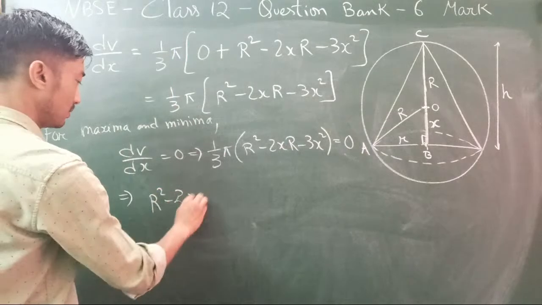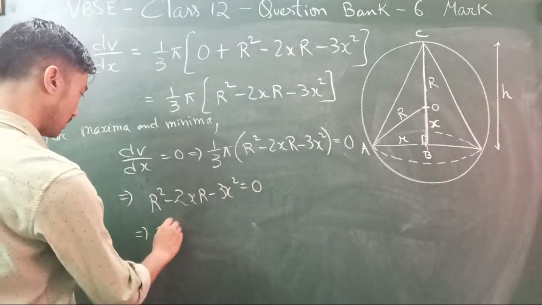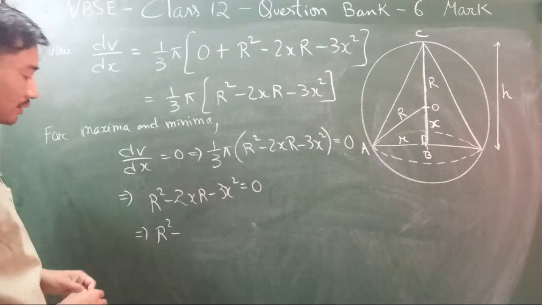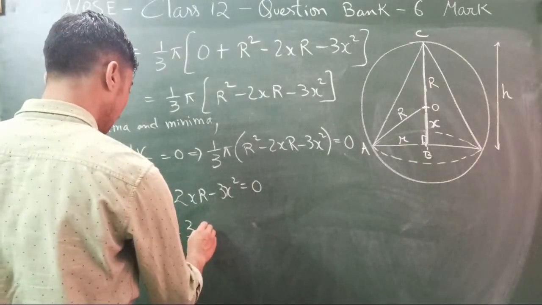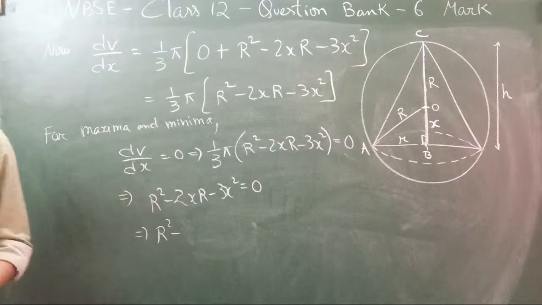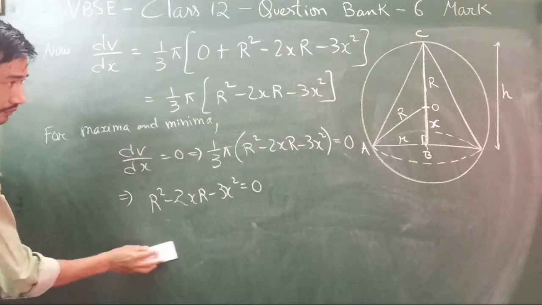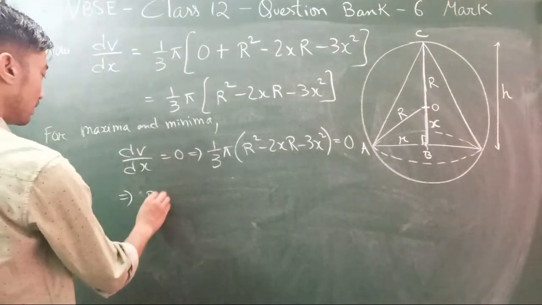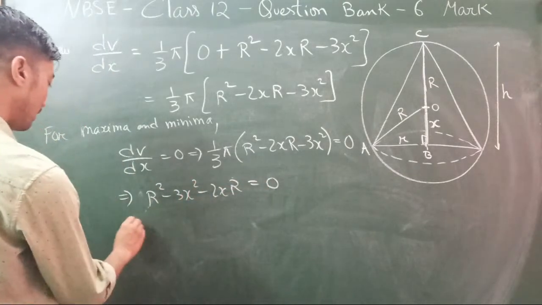R square minus 2xr minus 3x square is equal to 0. So that's r square minus, let's try to solve this. This one maybe I can just write 3. Try to solve that. Instead of this, if we can just write r square minus 3x square minus 2xr, just arrangement, nothing much.